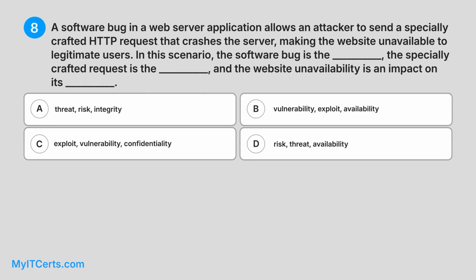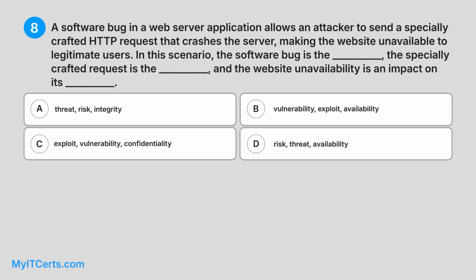8. A software bug in a web server application allows an attacker to send a specially crafted HTTP request that crashes the server, making the website unavailable to legitimate users. In this scenario, the software bug is the blank. The specially crafted request is the blank, and the website unavailability is an impact on its blank.